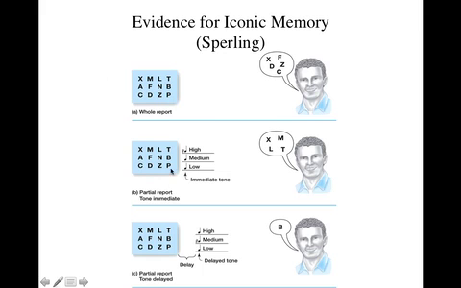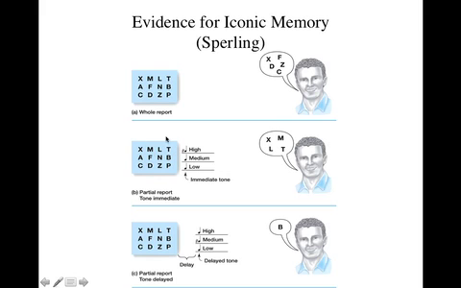That's the whole report condition. In the partial report condition, which is the CogLab you did, you have to report items from a specific line in the stimulus. What's important here is that the stimulus appears, disappears, and then you receive the cue as to which line you need to report. The finding here is that people can remember between 3 and 4 items from each line.